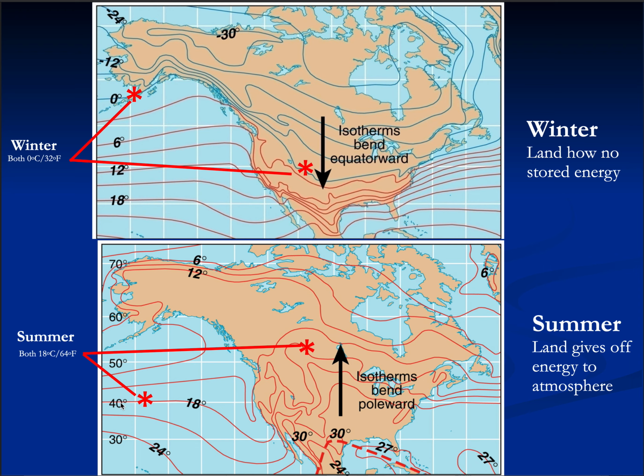So here at 40 degrees latitude, we have a temperature of 18 degrees Celsius. We're going to come in at about Los Angeles, a little north of San Francisco, Los Angeles. 18 degrees Celsius is about 68 degrees Fahrenheit. We come across the Sierra Nevadas and the Rocky Mountains, which is a hot mess.